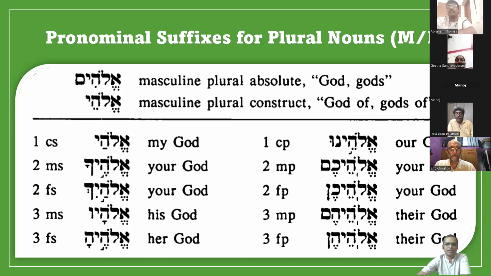So, just look at the ending. The ending is the same thing. You are just replacing Elohe with Suse. So, Susai, Suseka, Susaik, Susav, Suseha, right?